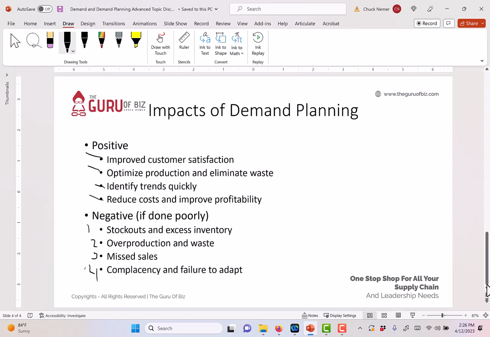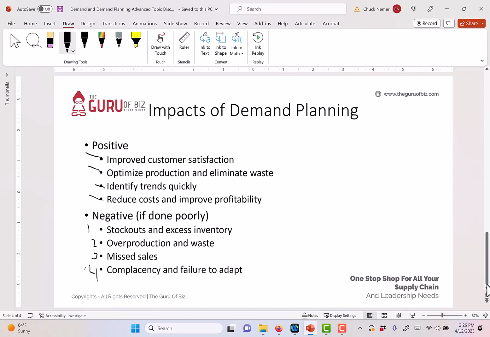And lastly, we're going to end up with an over-reliance on demand planning, thinking everything's okay, which creates a risk of complacency. It can cause companies to miss opportunities or fail to adapt to changing market conditions.